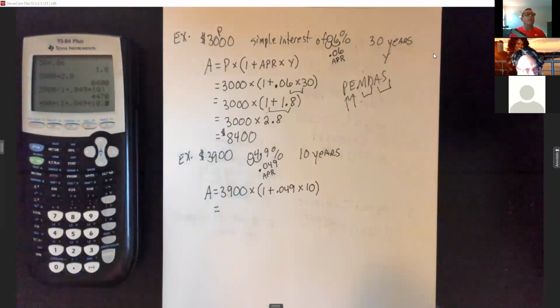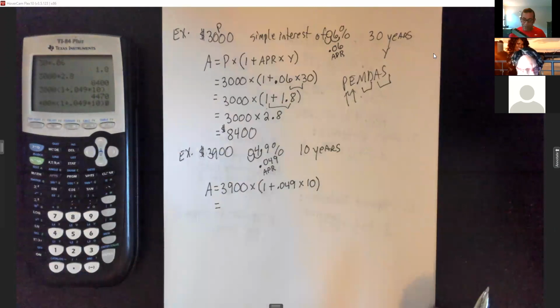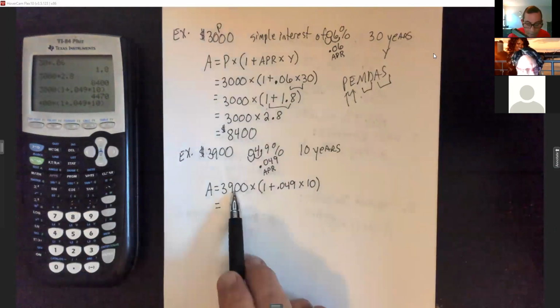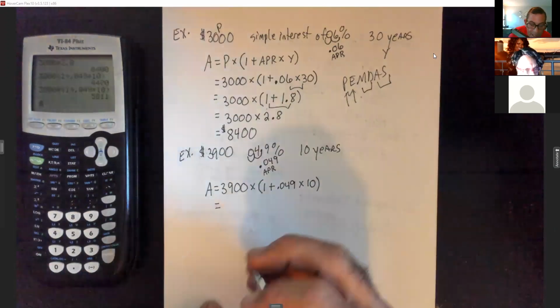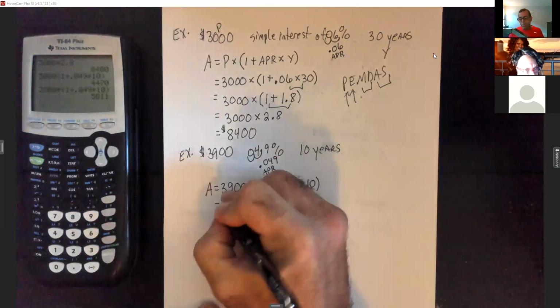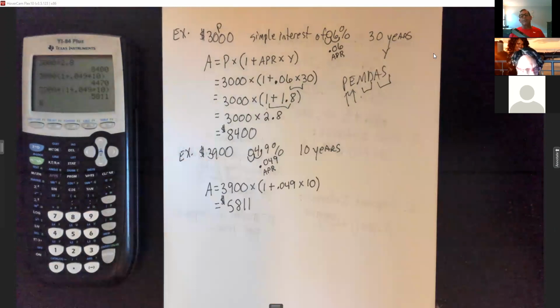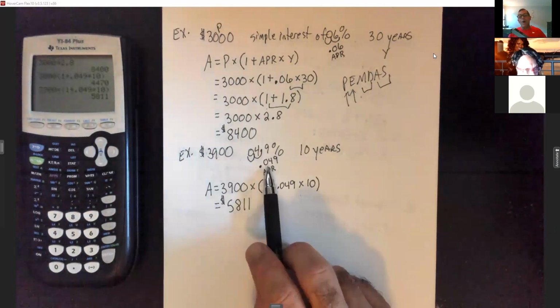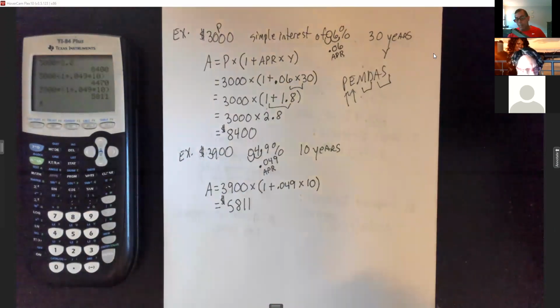All right, so yeah, I was probably wondering where I got that 3,000 from myself. So this problem had $3,900, so now we're good. We hit enter, we get $5,811. So 4.9% simple interest. You're just not going to make a whole lot of money, but you're making money, okay?